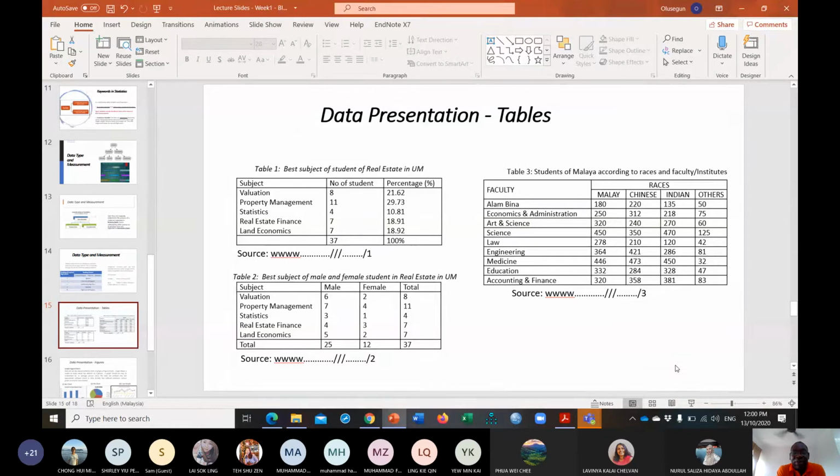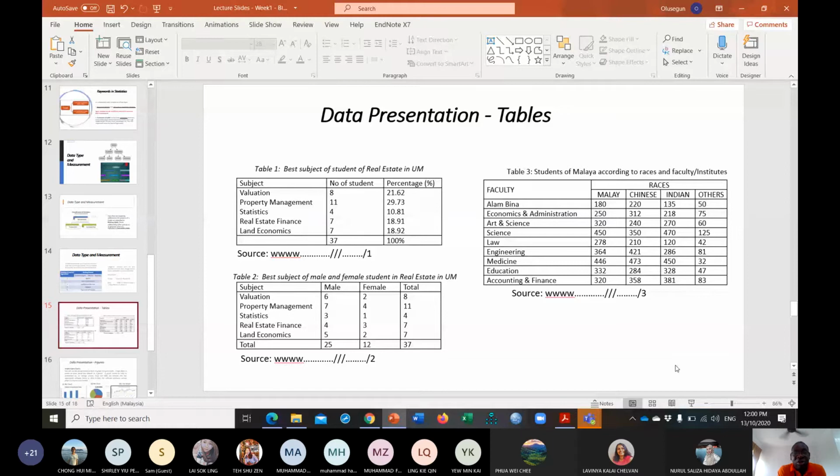You can see from the distribution, this is just hypothetical, the distribution shows that in every subject, the number of males is higher. However, that may not be the reality. This is just a hypothetical case.